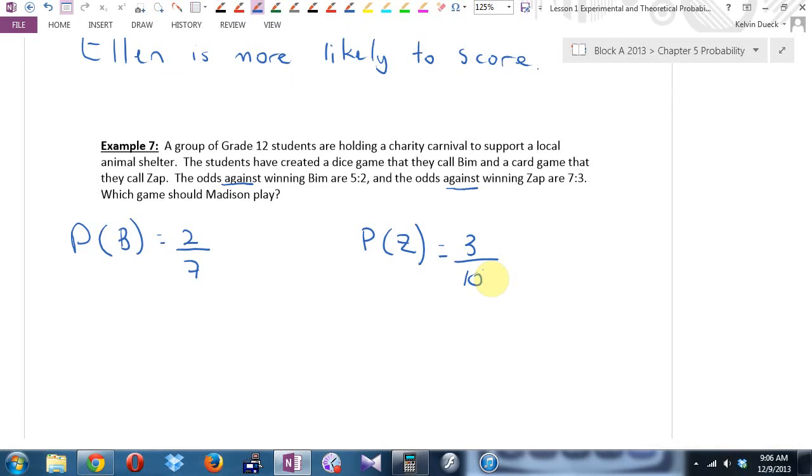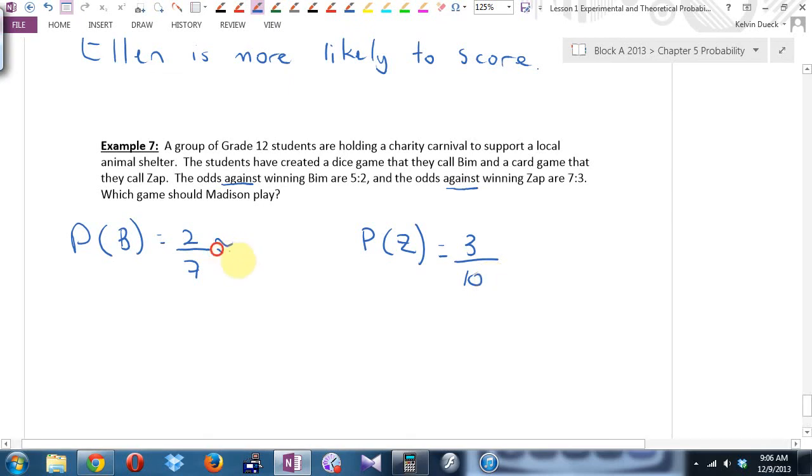If you guys were running some kind of a carnival and you had games of chance and I was paying for them, I would look at this and say, you know what, I'm making a $20 donation. However, I'd like to at least increase the chances that I might come out ahead. Which game would you play? How could you figure it out? Make them decimals? Okay.